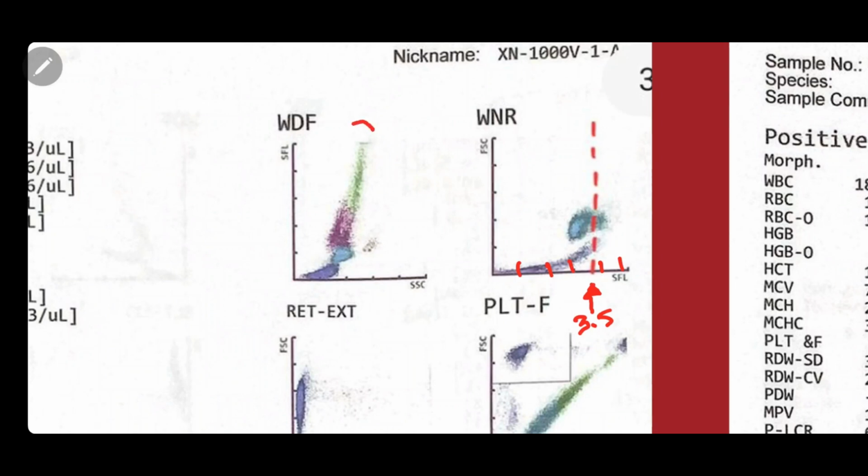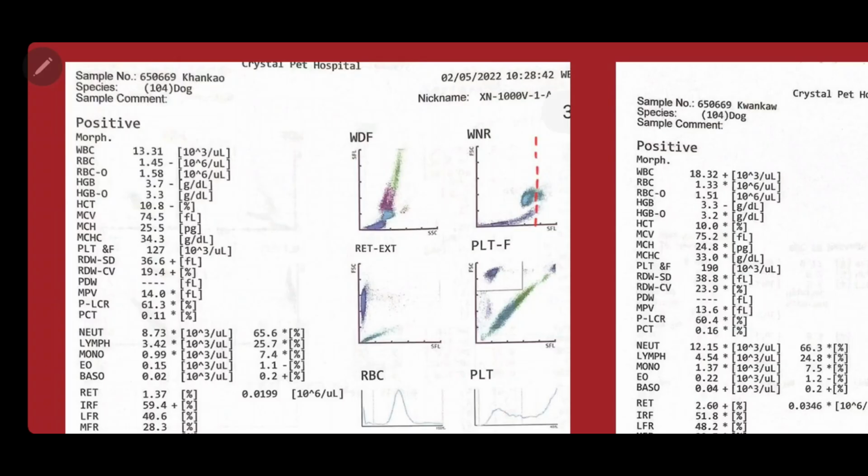When we see this graph, even on the IDEXX machine, what is happening here is HFLC, but it should be observed in the WNR channel. Day 2 will be similar to day 1, because when the body loses blood, it takes about 3 days for the bone marrow to respond by producing immature platelets and starting to produce immature red blood cells or reticulocytes.